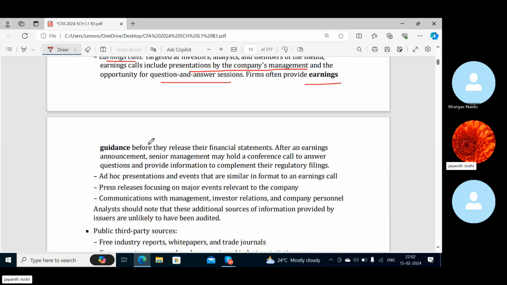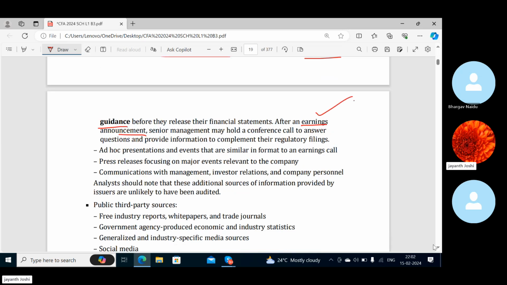Firms often provide earnings guidance. The management accountants of the company give guidance regarding how they can improve their performance. Such data can also be procured and used for analysis purposes. An earnings announcement, that means what they are going to declare, dividends, etc. Senior management may hold a conference call to answer questions and provide information to complement their regulatory filings.